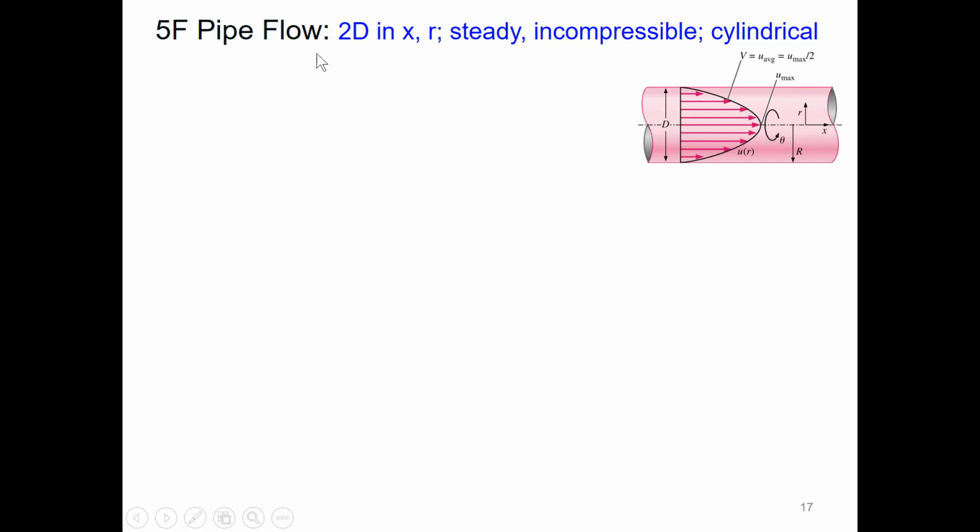For the pipe flow under the conditions of two-dimensional in x and r direction, steady, incompressible, we have the energy and conservation equations represented in the cylindrical coordinate.